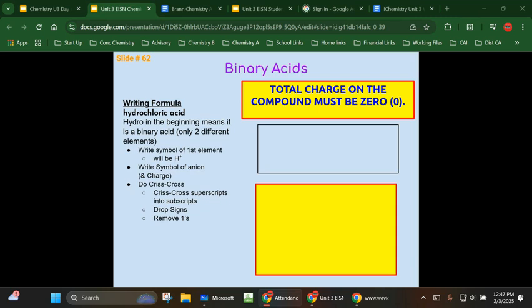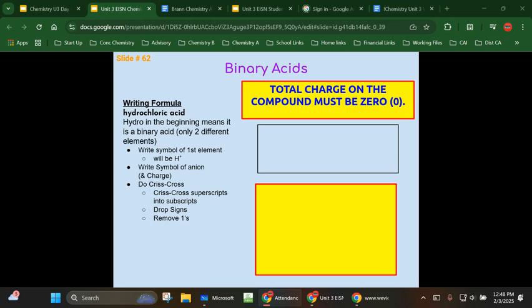Okay? So let's begin with hydrochloric acid. Now, first of all, some acids begin with the word hydro, some do not. Hydro means the acid is binary. Hydro means the acid only contains 2 elements. I would write that somewhere on my periodic table where it is very clear for me.